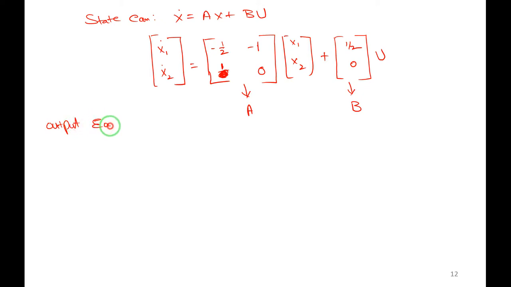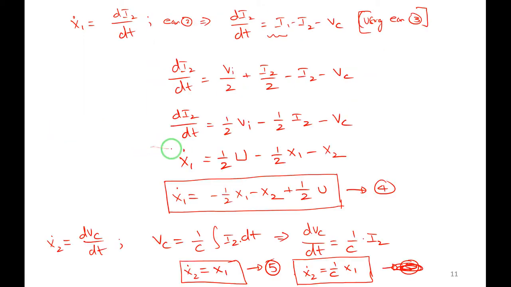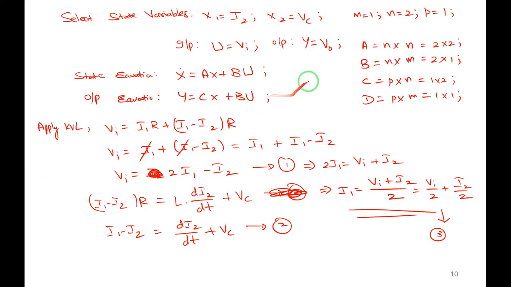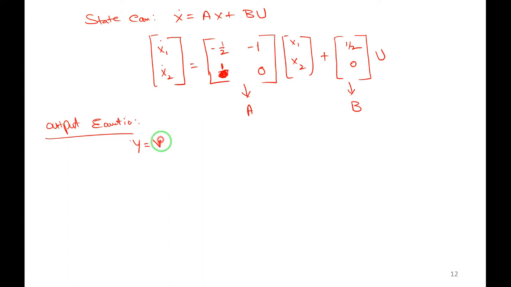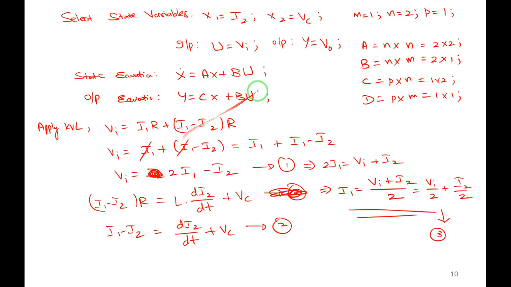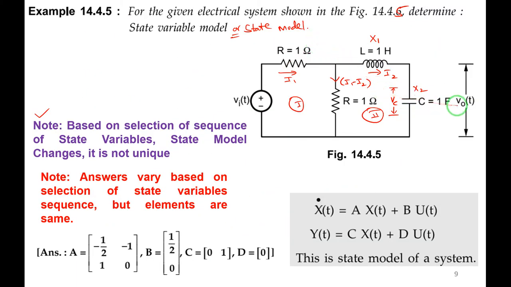Next we'll go to the output equation. What is the output here? Y I want, right? Y is nothing but V naught. What is V naught? V naught is nothing but VC, the voltage across this capacitor. Can I write V naught equal to VC directly?